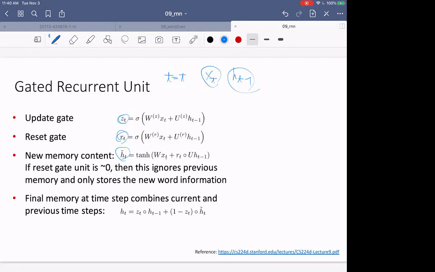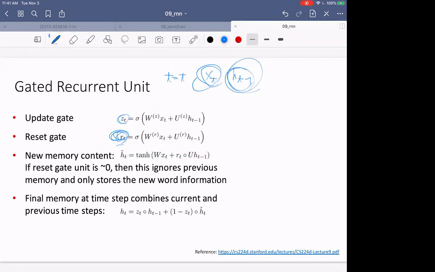It requires XT, HT minus 1, and RT. You take U times HT minus 1, a linear transformation of your hidden layer, do a dimension-wise multiplication with your reset gate, and then put tanh in front of it, and you get H tilde.